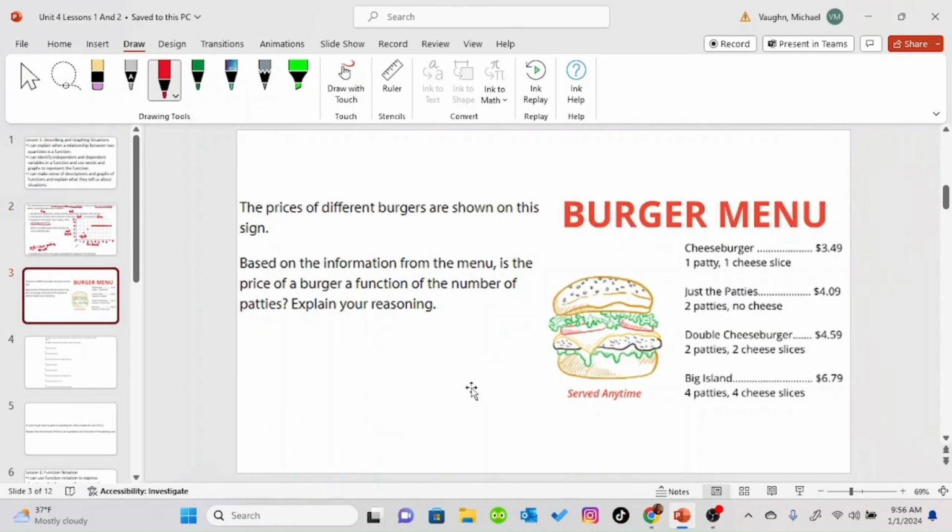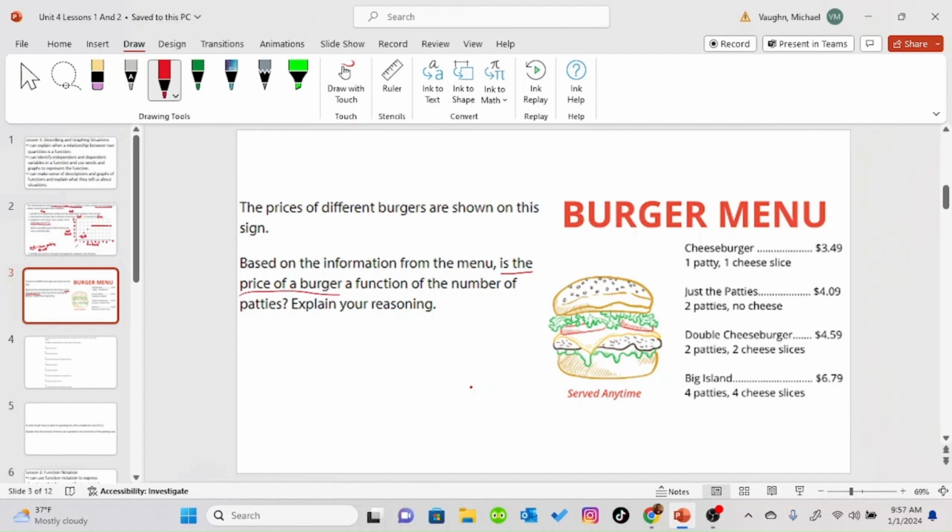Number 2, the prices of different burgers are shown on this sign. Based on the information from the menu, is the price of a burger a function of the number of patties? Explain your reasoning. So what you need to understand in this problem is the price of a burger, because that comes first, they're saying this is the dependent variable.